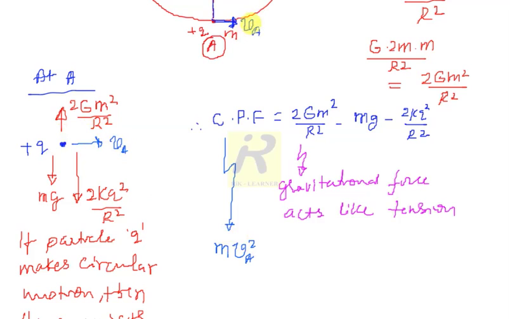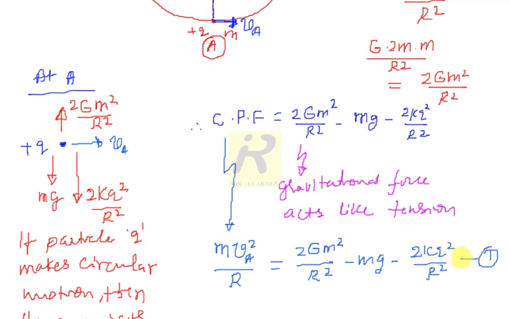So that is equal to 2Gm² divided by r² minus mg minus 2kq² divided by r², and I call this equation 1. This is the result we got at A.